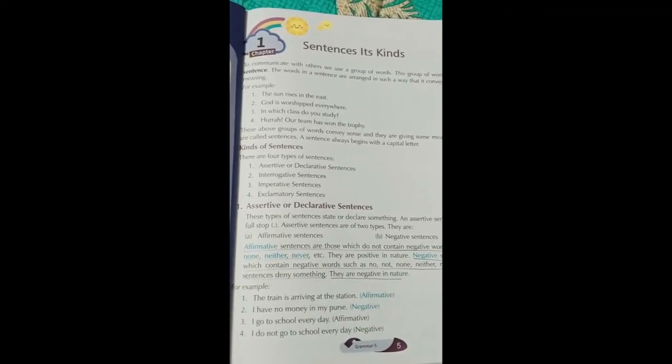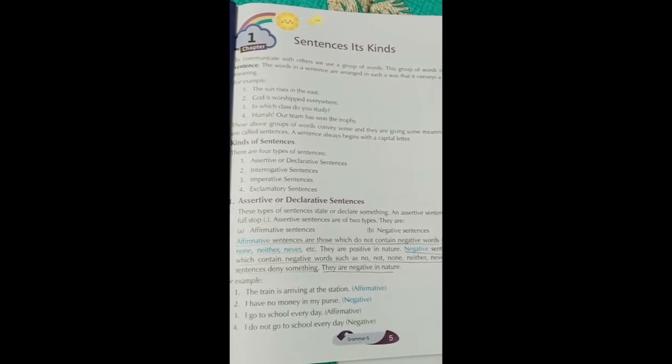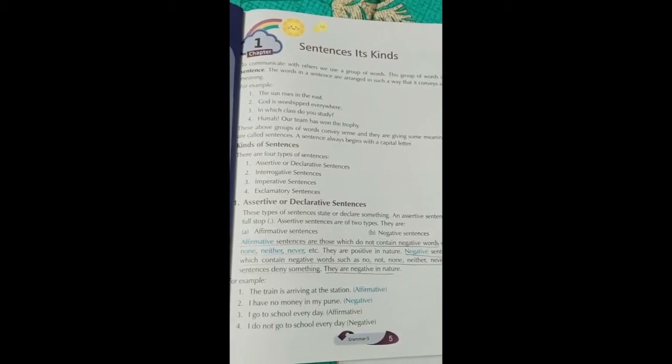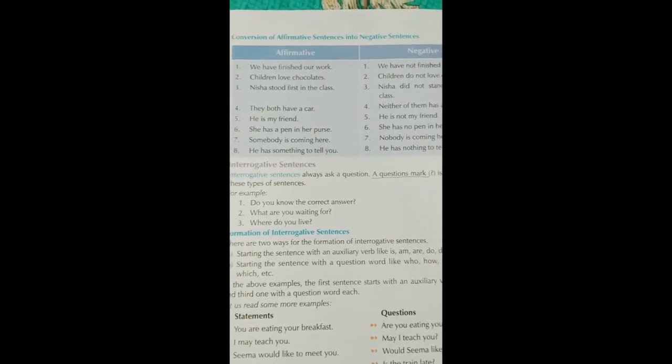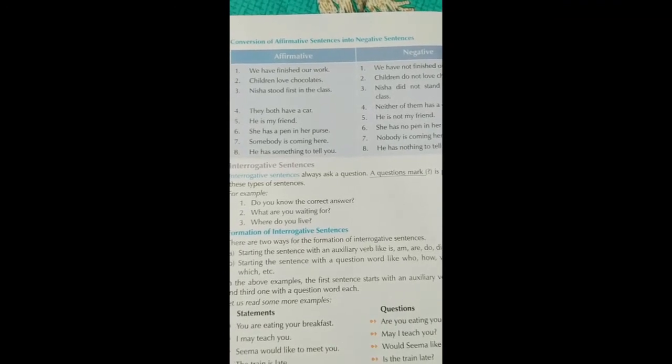Fourth one, I do not go to school every day. It's negative because not is there. This shows the negativeness of the sentence. Students, for better understanding, read some examples of affirmative sentences and negative sentences.